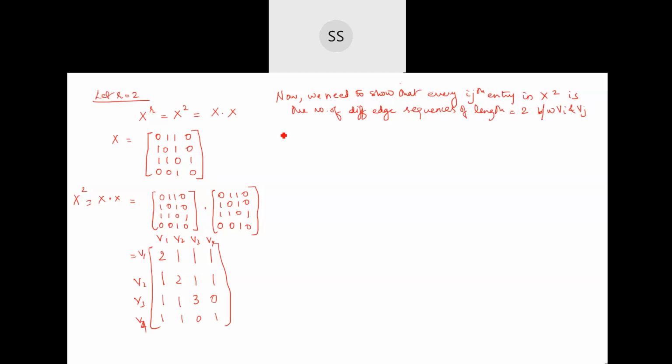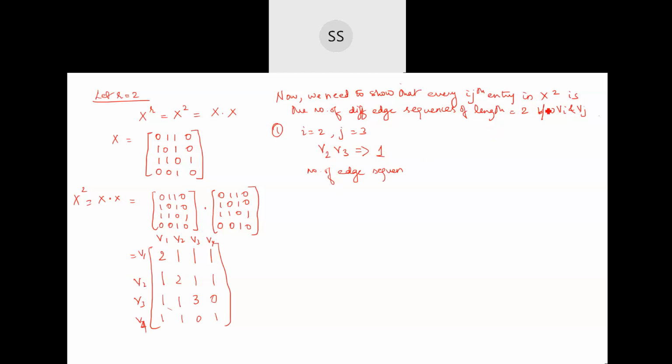Now I'll take the first example where my i is 2 and my j is 3. Please remember, you will not look into x, you will look into x squared. So you have to check v2 and v3. What is the entry for v2 and v3? It is equal to 1. So how many edge sequences are possible? That is the number of your edge sequences.